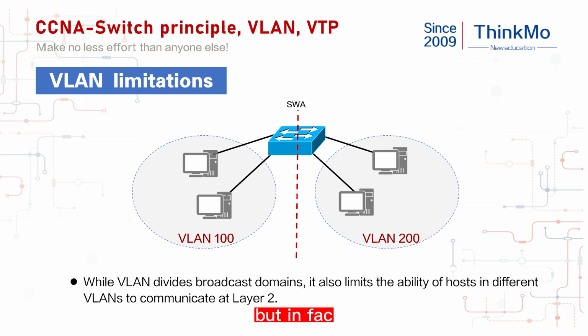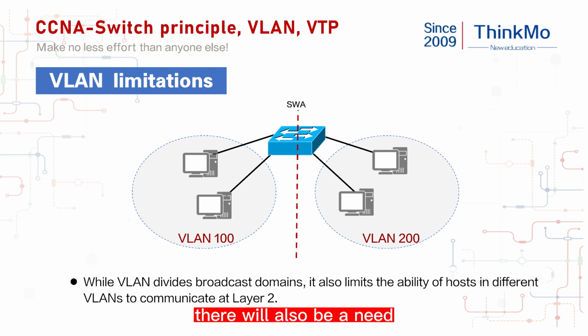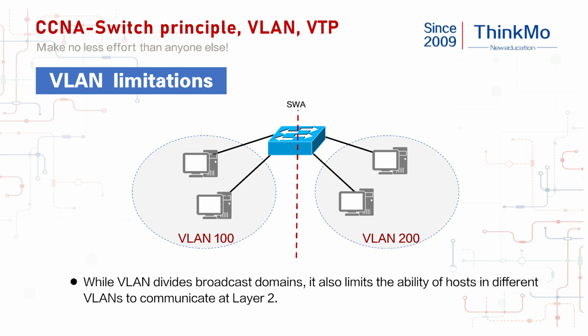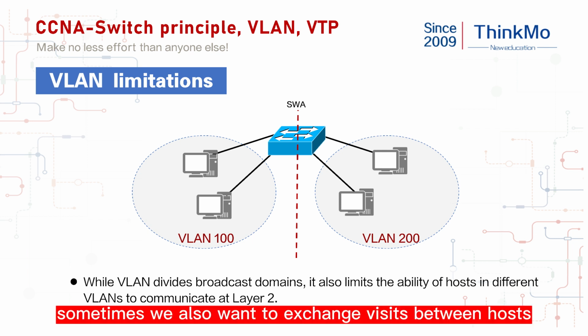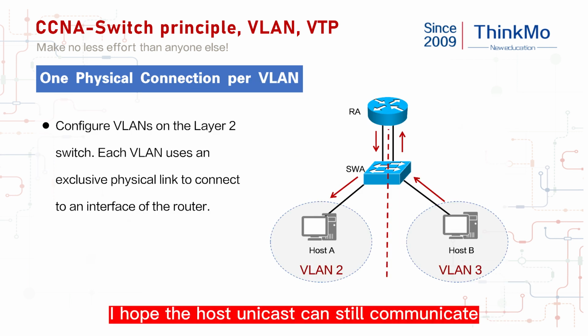But in our daily practical application, there will also be a need for mutual visits between hosts. We tend to treat VLAN as a means of security isolation, but sometimes we also want to exchange visits between hosts. That is, I hope the host unicast can still communicate.